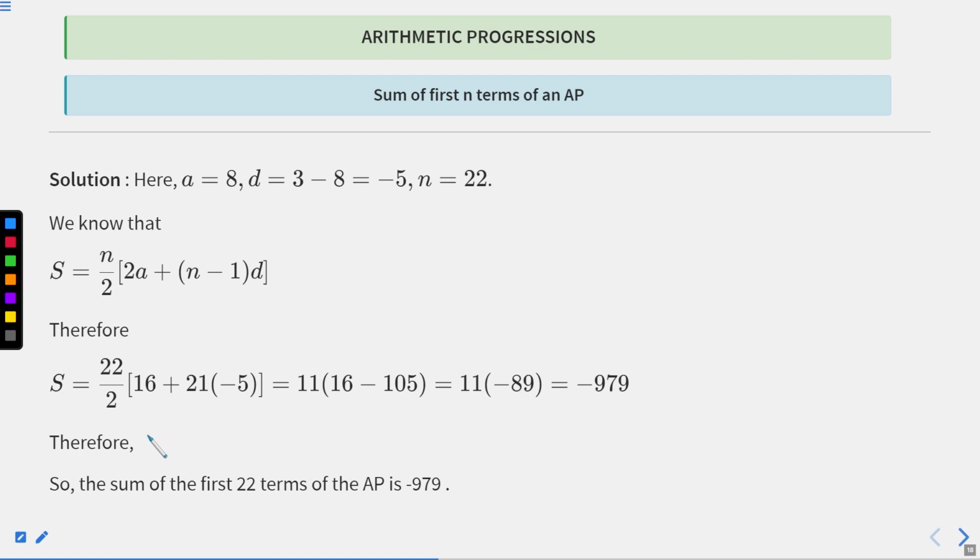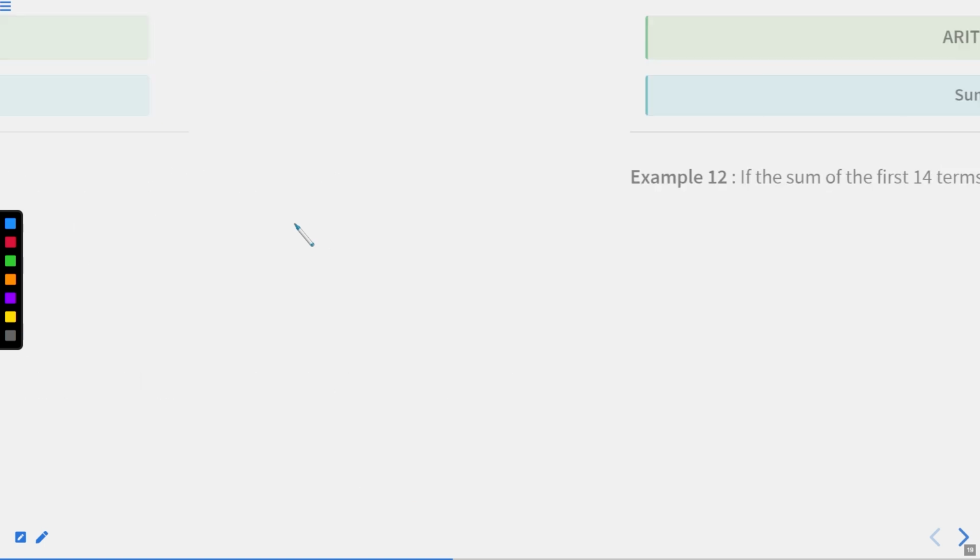Therefore the sum of the first 22 terms of the AP is minus 979. So using this formula, we found the sum of the given AP, that is equal to minus 979.